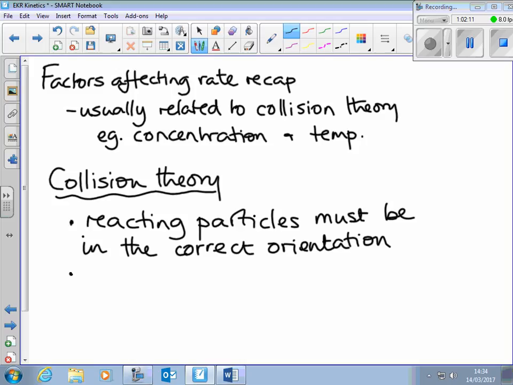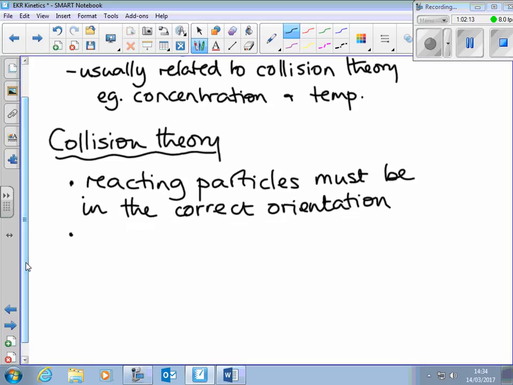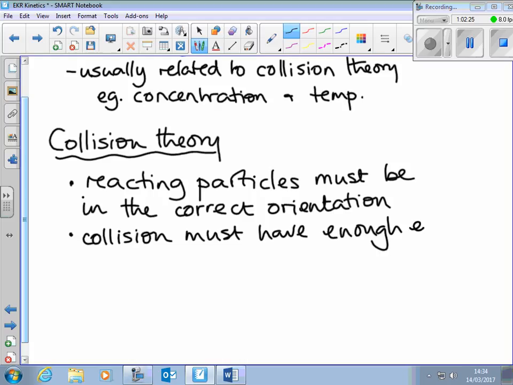And secondly, they've got to collide with enough energy, and this is where we meet the idea of activation energy. You've got to have this minimum amount of energy to break the bonds.